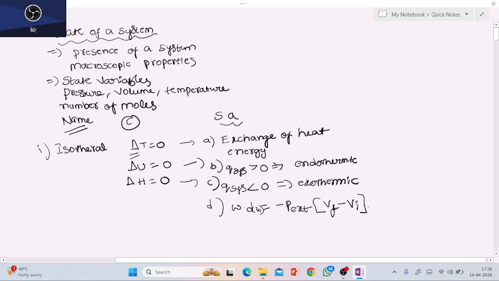The equation is commonly used if the process is irreversible, right? Can't be reversed once again, once it is done.